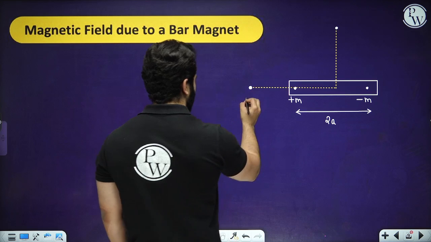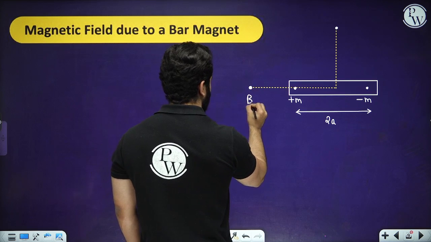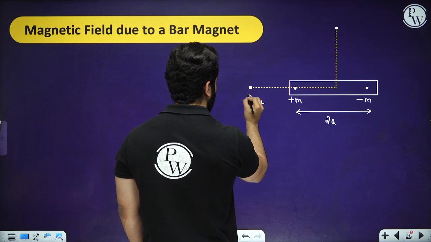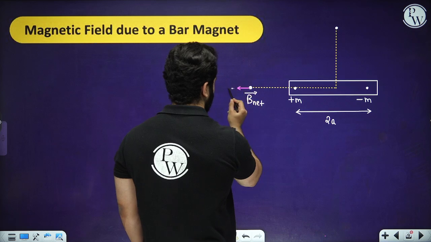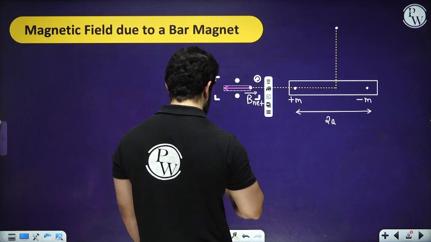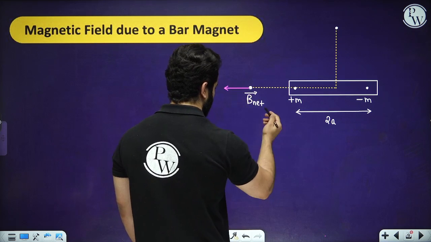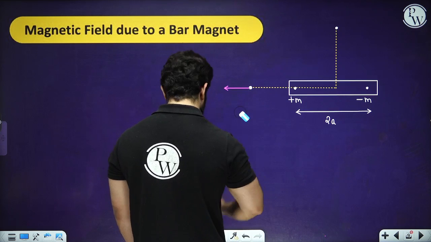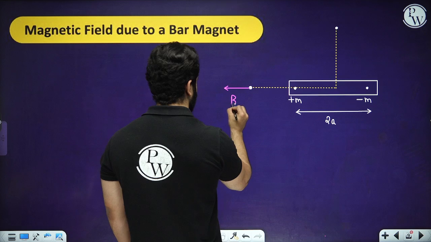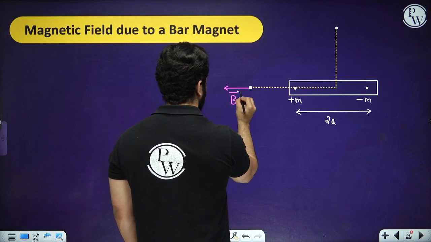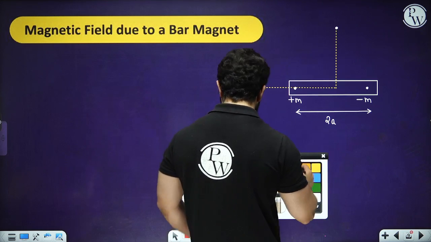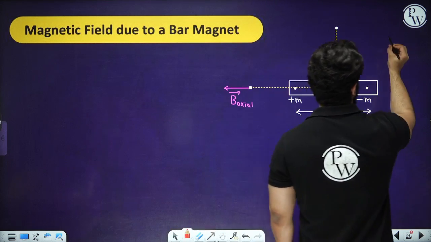And at this particular point B net will be in the direction of something like this. So this will be the axial magnetic field. This is going to be the axial magnetic field. So do you remember how we wrote the axial electric field?